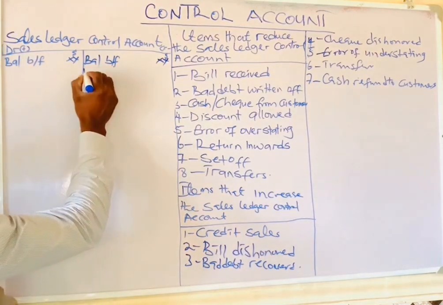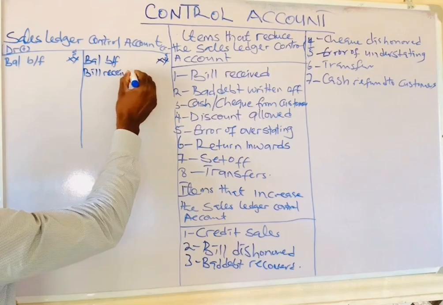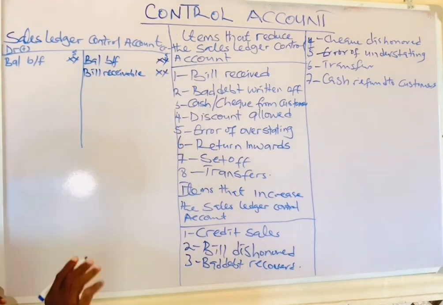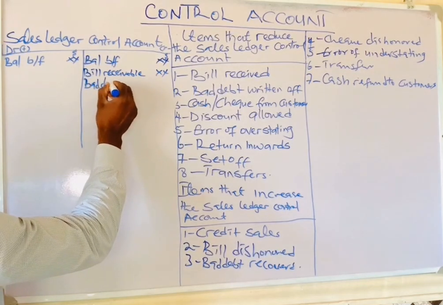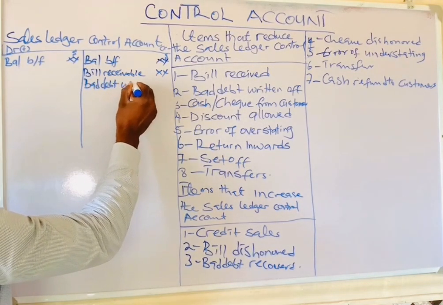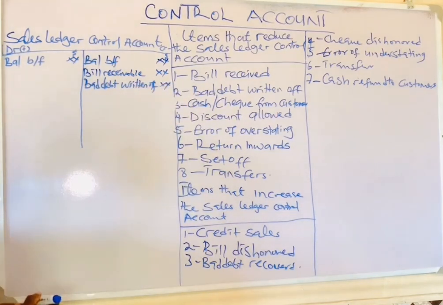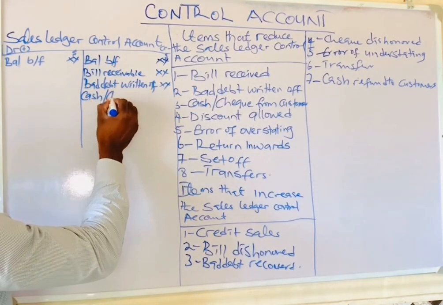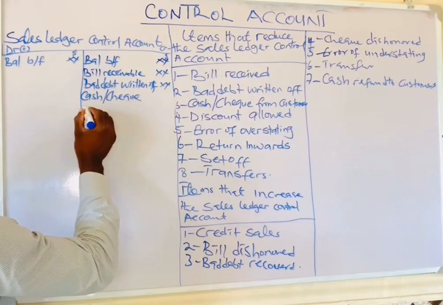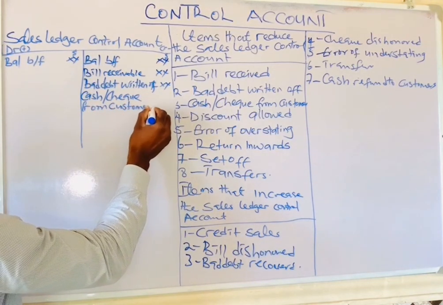You say bills receivable, simple. All these items: bad debt written off. I hope you're getting it. Cash or check from customers, cash or check from customers or debtors.